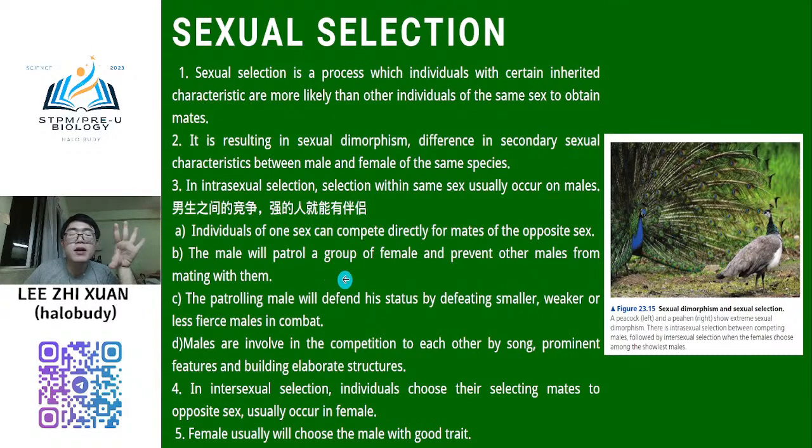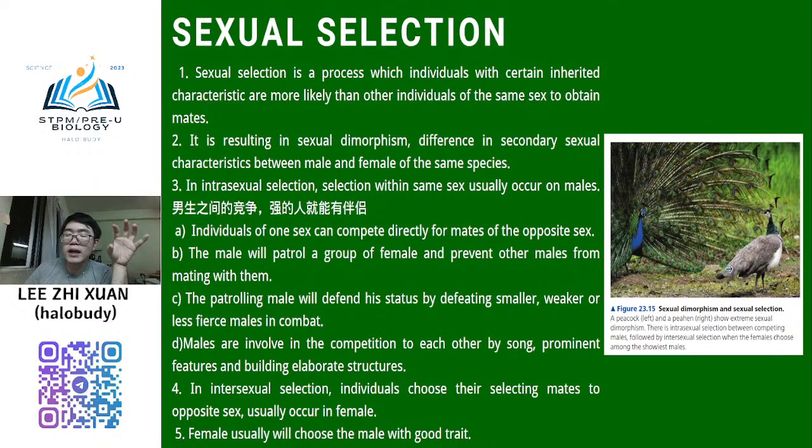But for female not very have, but nowadays I think female already have also. But normally is male have this kind of characteristic. And then this patrolling male will defend his status by defending against smaller males. Memang akan prevent punya. In animal, memang dia akan fight punya.